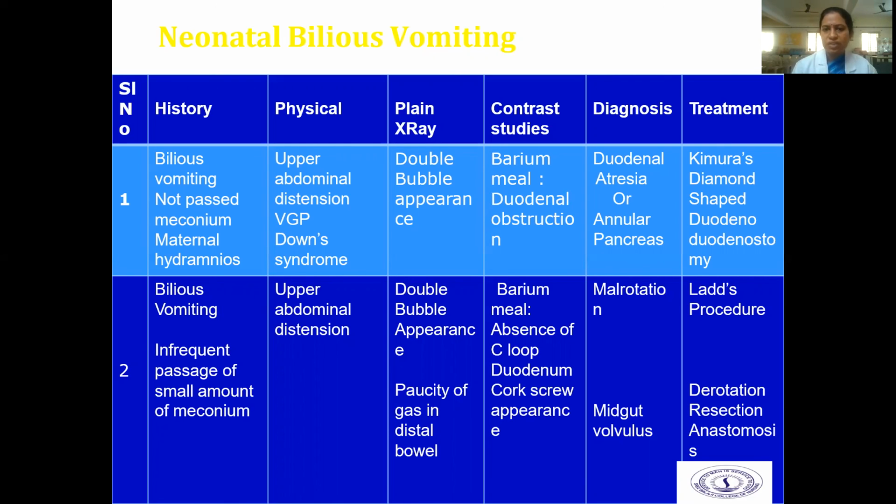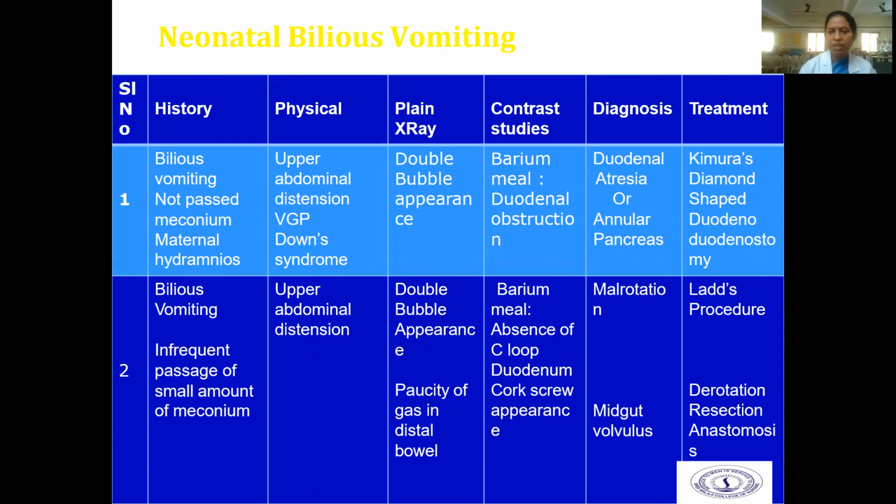On doing the contrast studies, by barium meal we find absence of C loop. The C loop is missing, and duodenum corkscrew appearance will be seen. In the earlier pictures, we had seen what a corkscrew appearance looks like, and also how it looks when there is no C loop. So in a barium meal, we will classically find this.